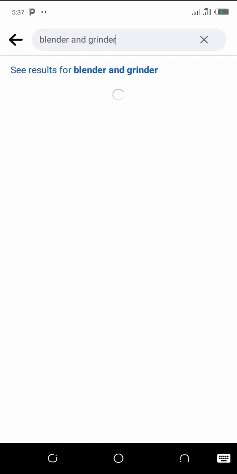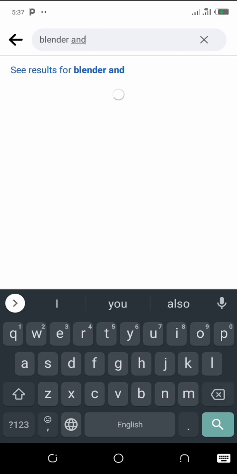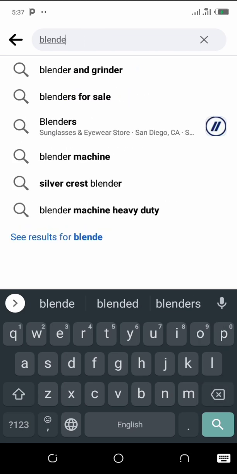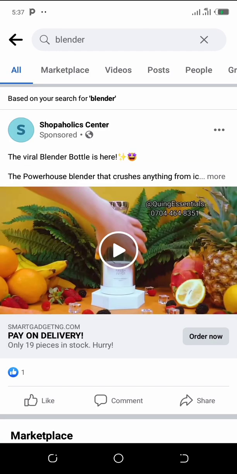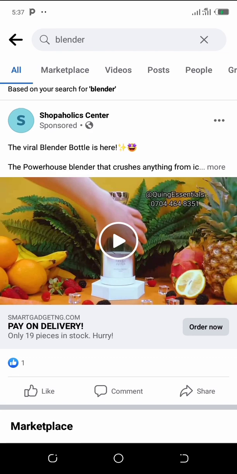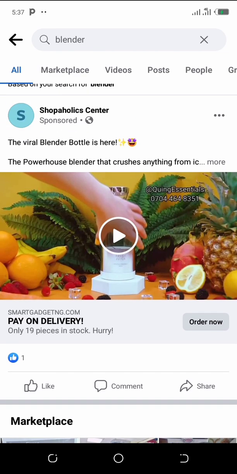Okay, let me click on Blender only, to see if I'm going to see an ad that is related to Blender. Okay, the viral Blender bottle is here. Now the reason why you are seeing this is because you have shown interest in it. That is why this ad came up, and also because you are searching for it.